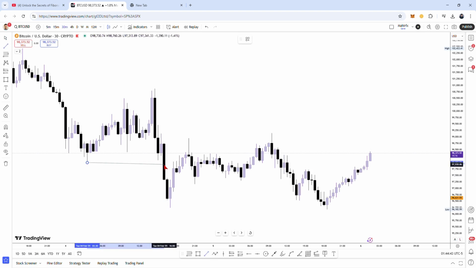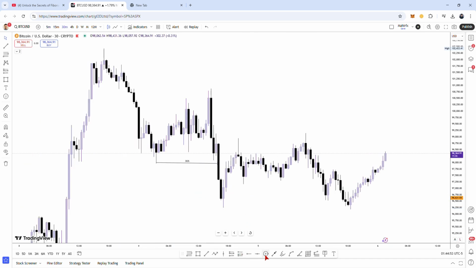From the swing high to the swing low, we have here a break of structure. This is a break of structure, right? You can see this is a break of structure. So we have here the swing high and also here the swing low.